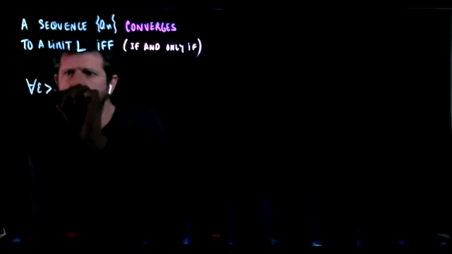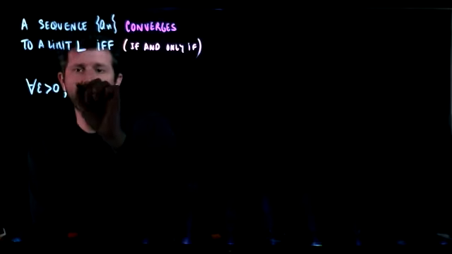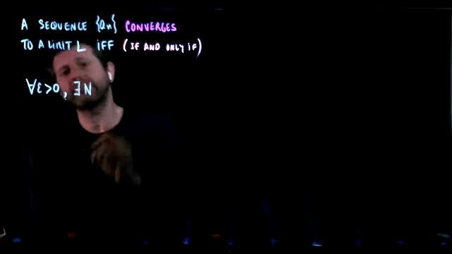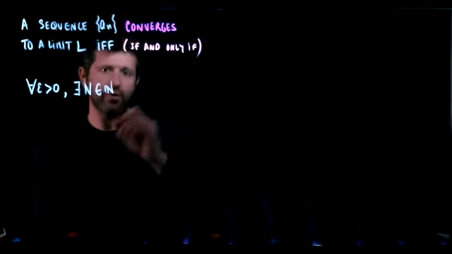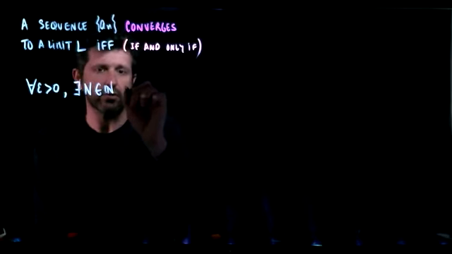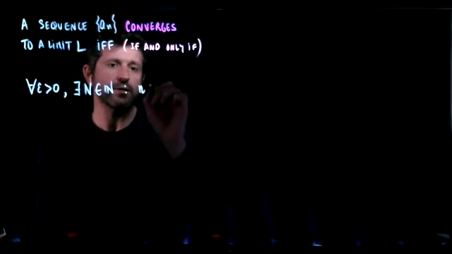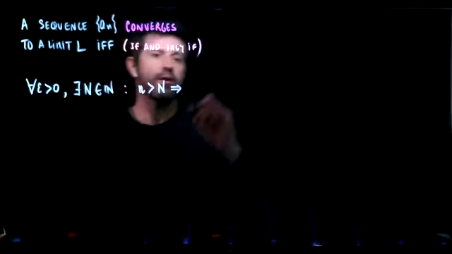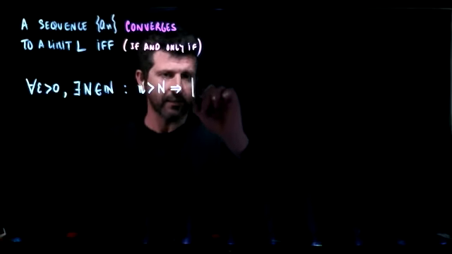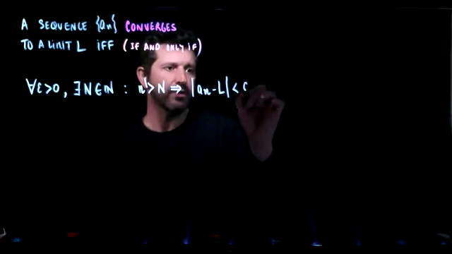For any epsilon that is greater than 0, there exists a big natural number N such that whenever n is greater than big N, then the difference between a_n and L is less than epsilon.